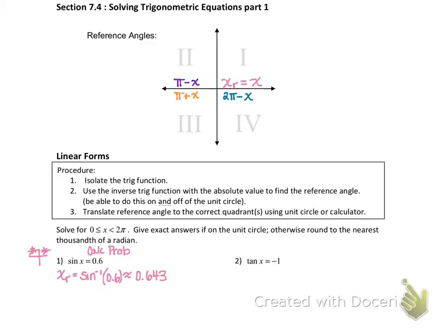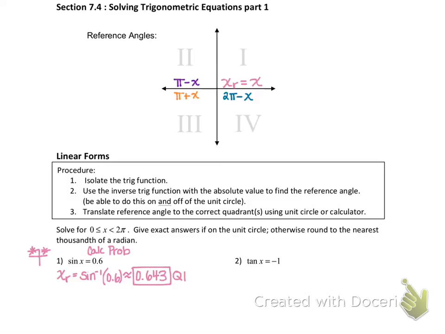So this is my reference angle, and it actually is one of the solutions for x because we needed an angle in quadrant 1. We're looking for angles in quadrant 1 and 2 that give us sine x of 0.6. And since we need quadrant 1, therefore our reference angle is one of the answers.